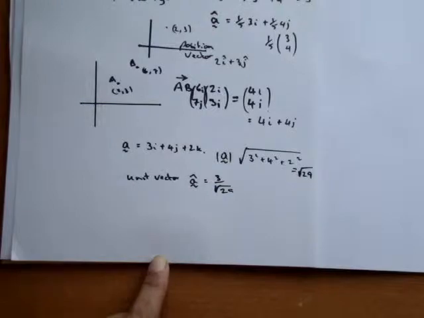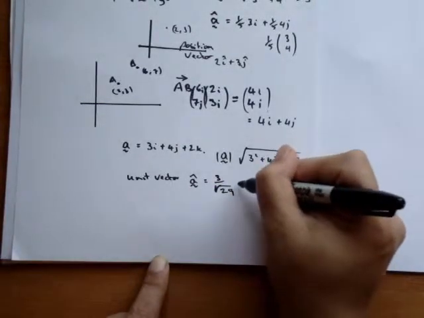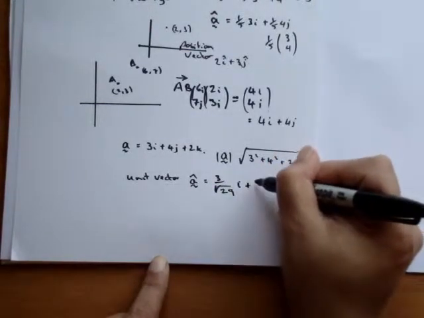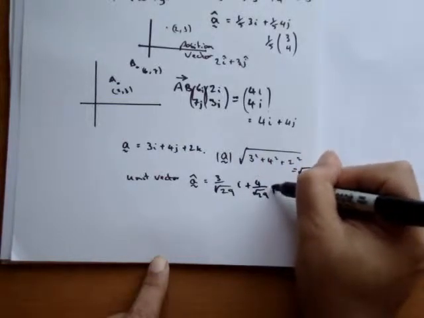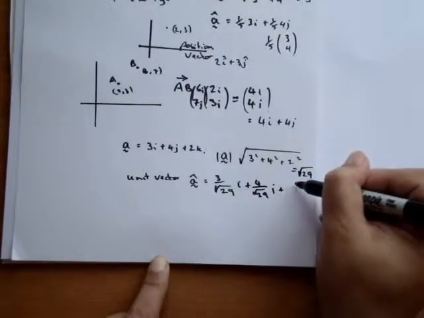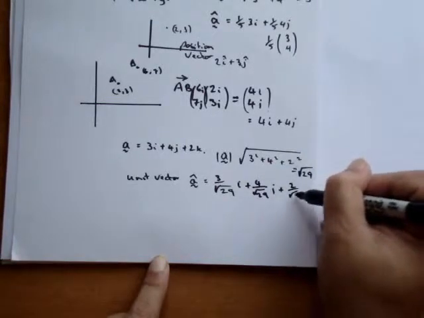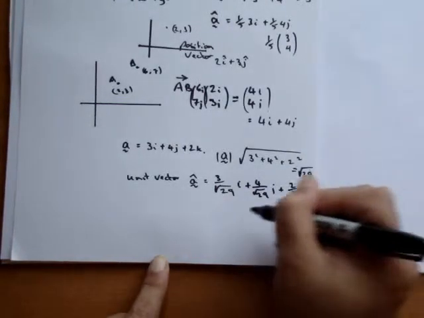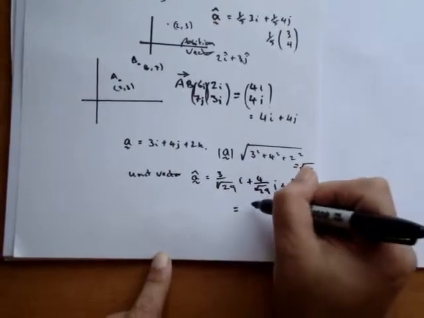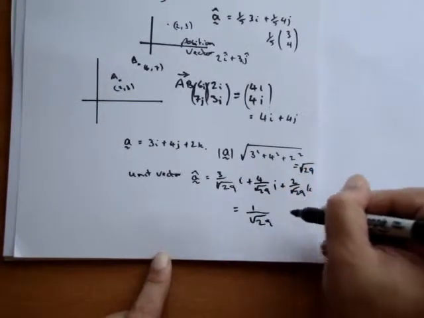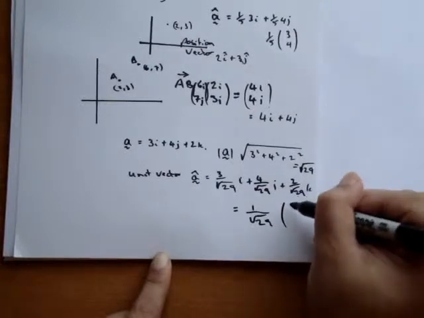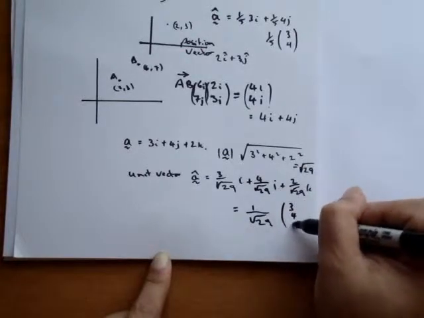So 3 over root 29 i plus 4 over root 29 j plus 2 over root 29 k. And in column form we can write that as 1 over the square root of 29, (3, 4, 2).